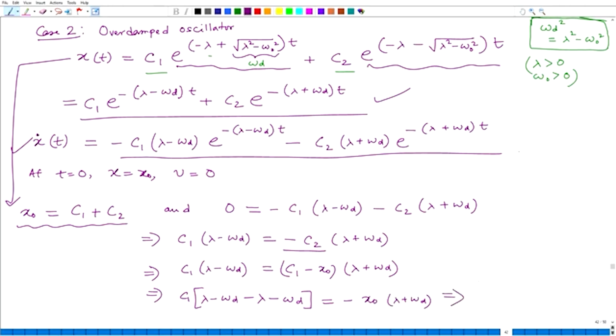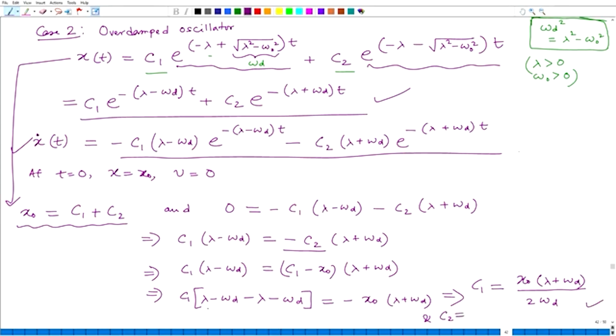And finally, if you do it correctly, you will have C1 equal to simply x0 (lambda plus omega d), and from this side a 2 omega d will come, and you will have a global cancellation of the minus sign. So it will be 2 omega d, and you have a solution for C1.